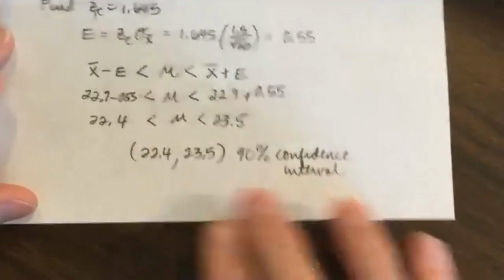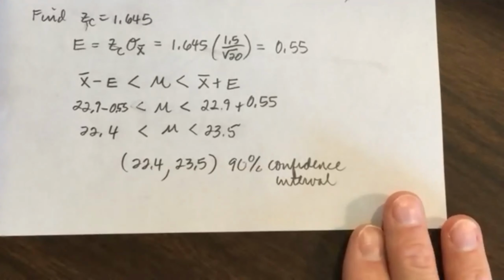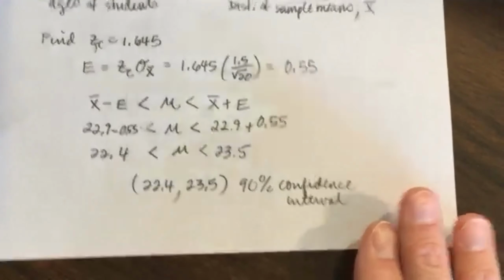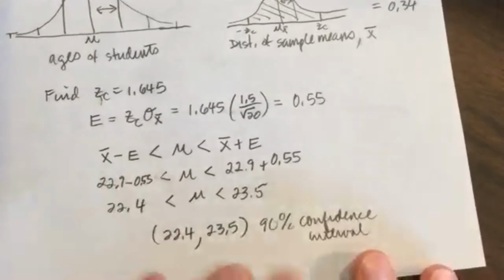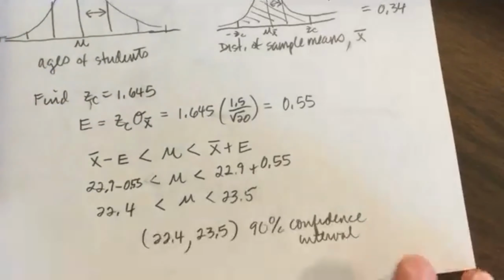Basically what that says is, if I were to take lots and lots of samples, 90% of those samples would contain the true mean. In other words, the actual average age of college students would fall in this range. And that's what we call a confidence interval.